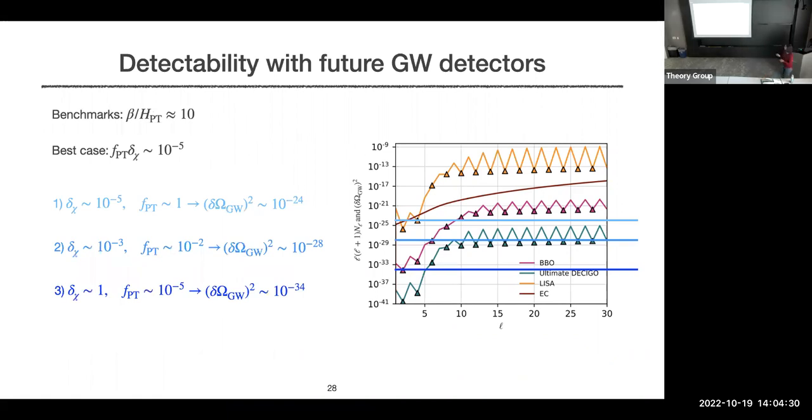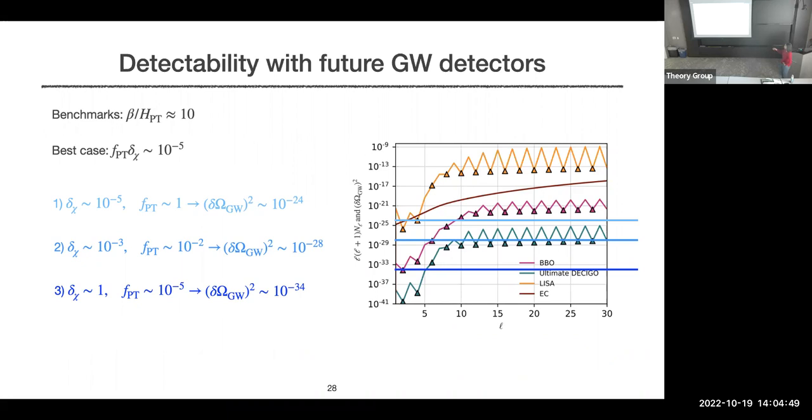So if I now consider various benchmark points with increasing values of delta chi, I'll take the best case scenario where this FPT delta chi is maximum, at 10 to the power minus 5. I'll consider some reasonable beta of 10.